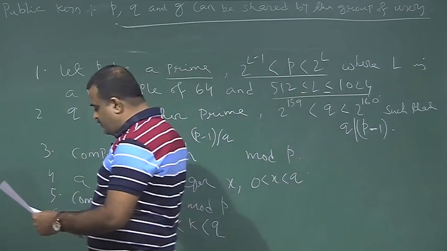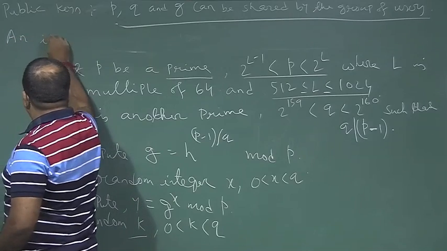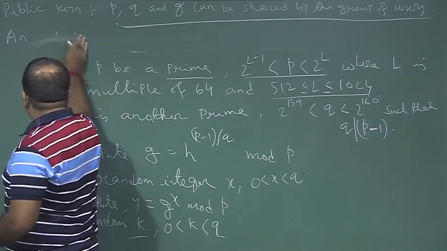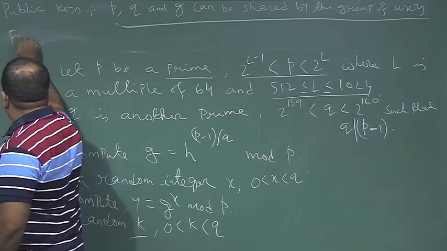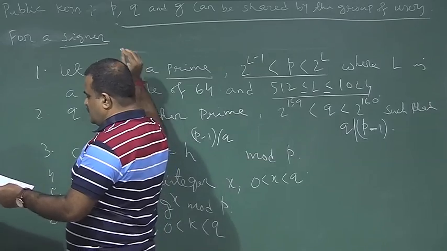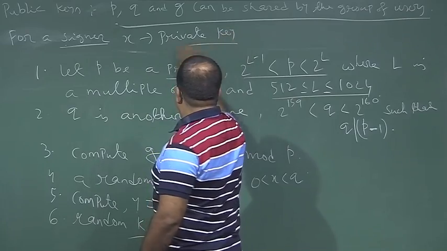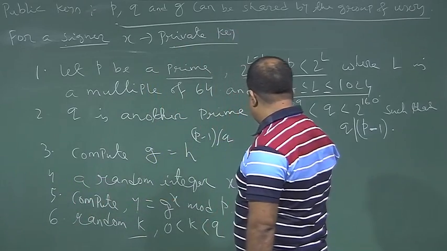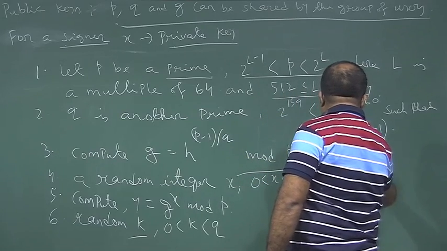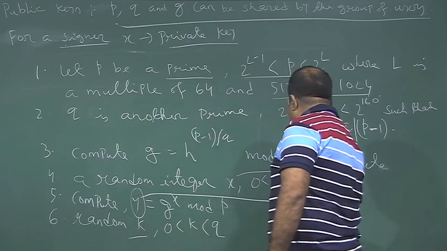But for an individual user who is signing, the signer, x is the private key or the secret key of the signer, and y is the public key.